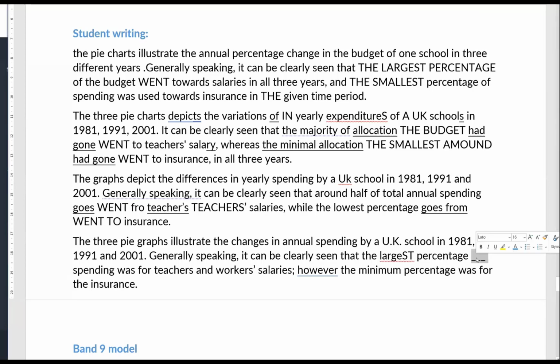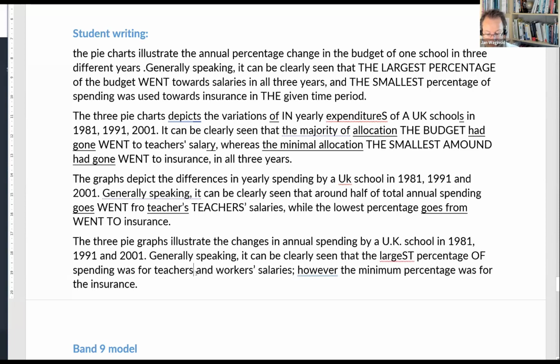Office spending. Yep. Teachers and workers' salaries. What are you missing here? And workers. Yep, for teachers and workers. But what's missing at the end of teachers? I mean, apostrophe? That's it.